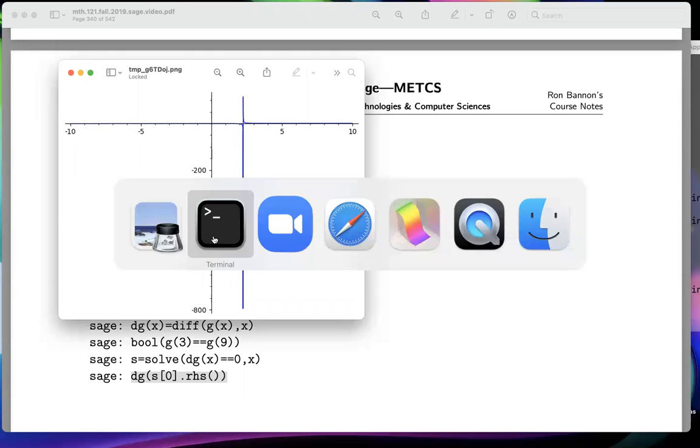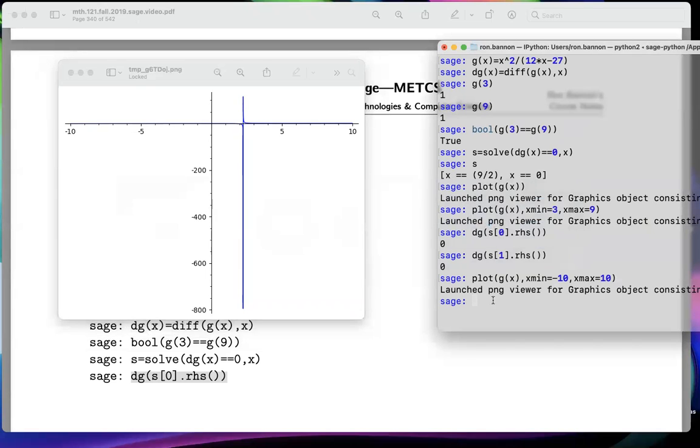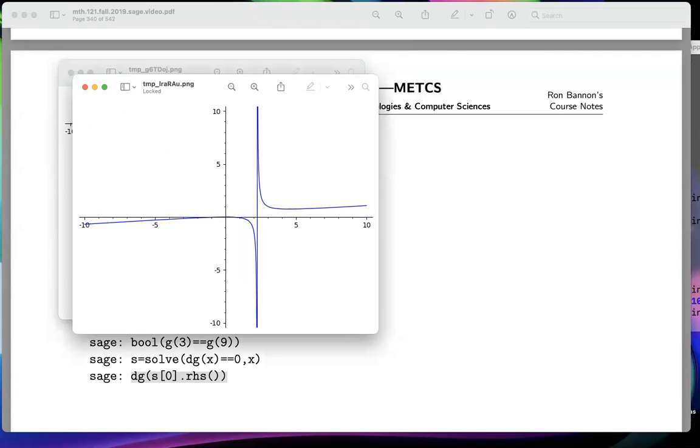So I've got to change that now. I'm going to change the Y scale, Y min, and say, I don't know, minus 10 to 10. This may not be good either. I'm just playing around with software, and I'm going to encourage you to do that as well. Well, that's a better picture.